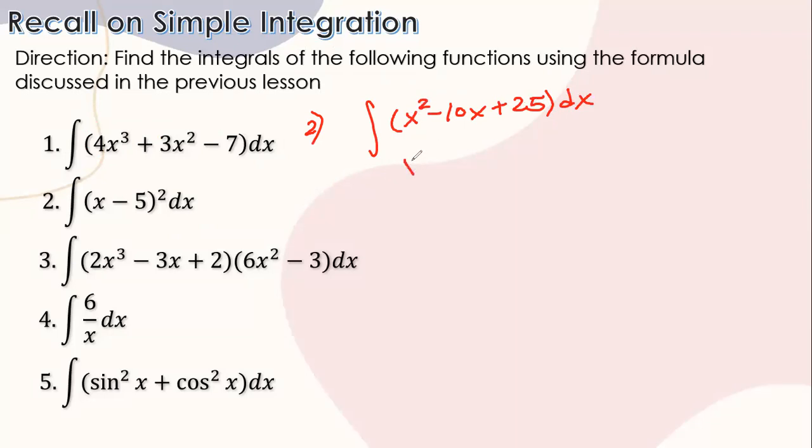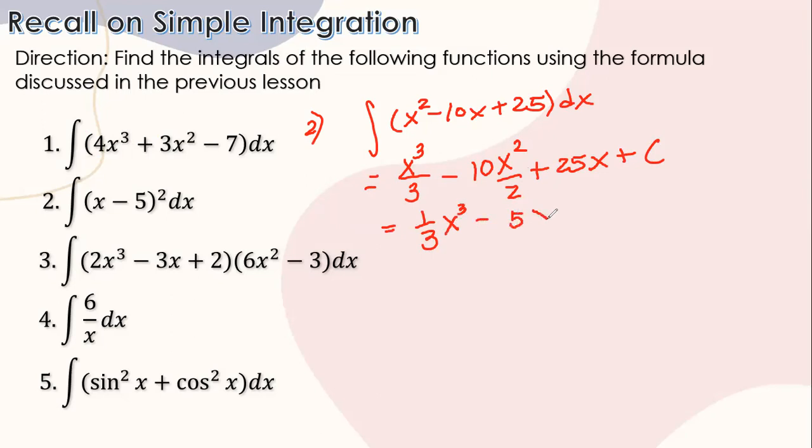For x squared, the answer is x cubed over 3, minus 10x, then 1 plus 1 is 2, over 2, plus 25x plus c. So for our final answer, simplified: one-third x cubed minus 5x squared plus 25x plus c.